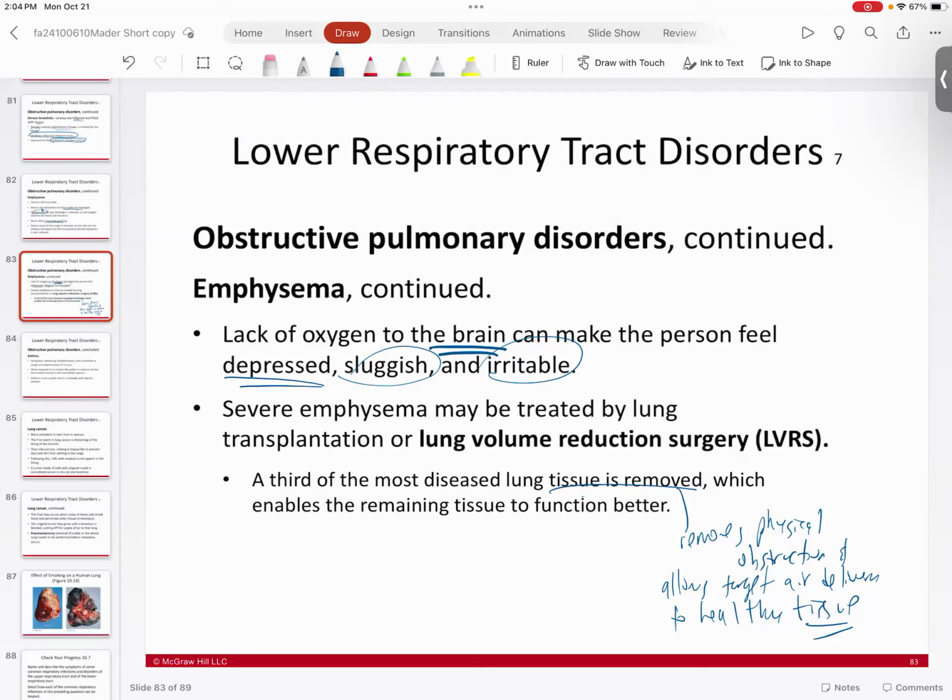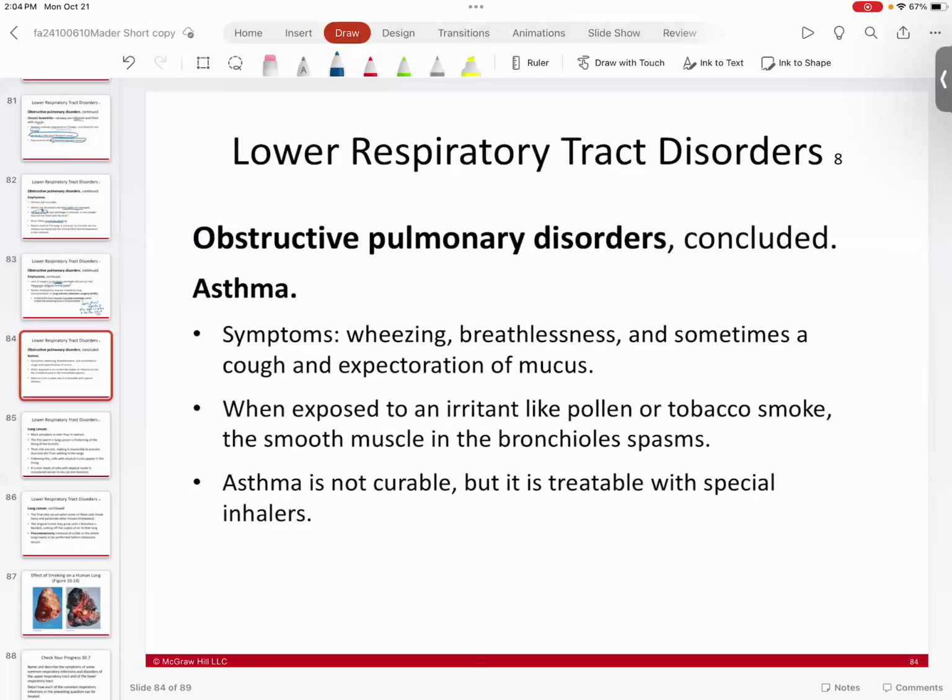there are more and more doctors, as these younger generations of doctors come out, what I call aggressive doctors, who are literally like, listen, you're not going to get one of these unless you can prove to me that you've stopped smoking. Don't even ask. So you have two different players here.